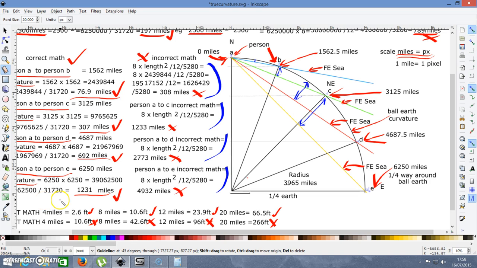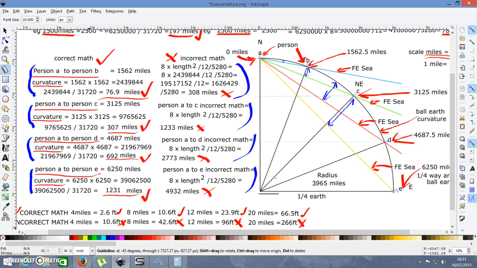So you tell me, which maths is correct? Is this the curvature that we should see from this distance, or this maths, 308 miles from what? From where? Cheers.